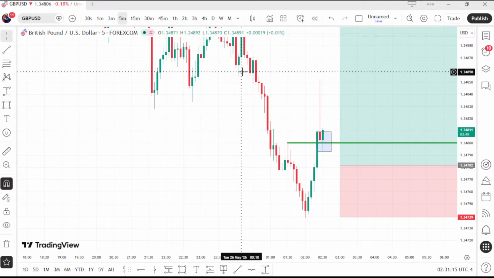Let's see if price will go below that low again. If it does, that will be the first entry and maybe the last one. I'm going to risk only that amount of pips.